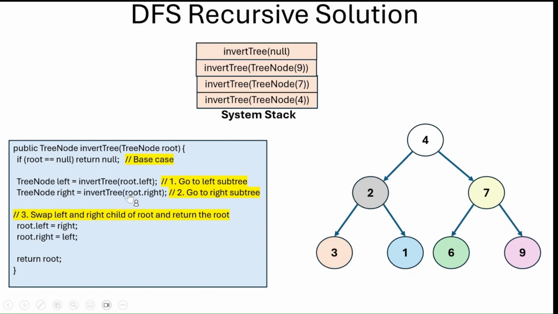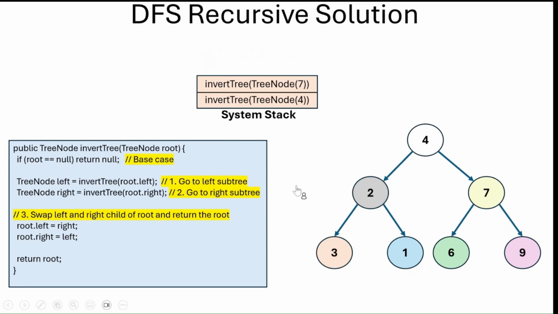And then it will call right, which is also null for node 9 as the root. So it will return and we will store null in the right variable. So left and right are null for node 9. We are in the invert tree function execution for node 9 as the root, and we will swap the left and right child of 9, which are null only. So no impact. And we will return node 9.